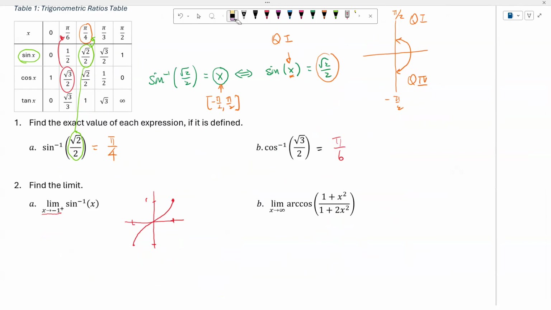Okay, so now, as x approaches -1 from the left, my output actually gets to -π/2.